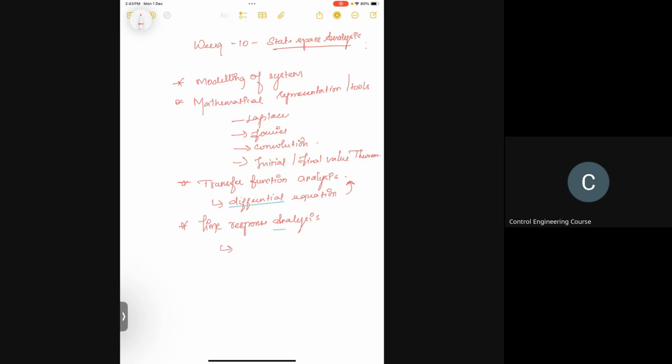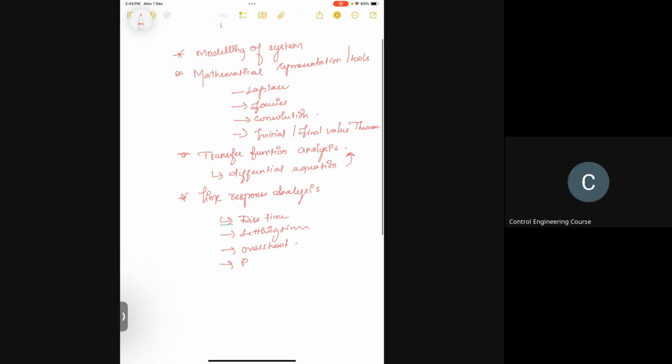where we saw some of the specifications of the systems like rise time, settling time, overshoot, what else? Peak time. Then comes steady state analysis.